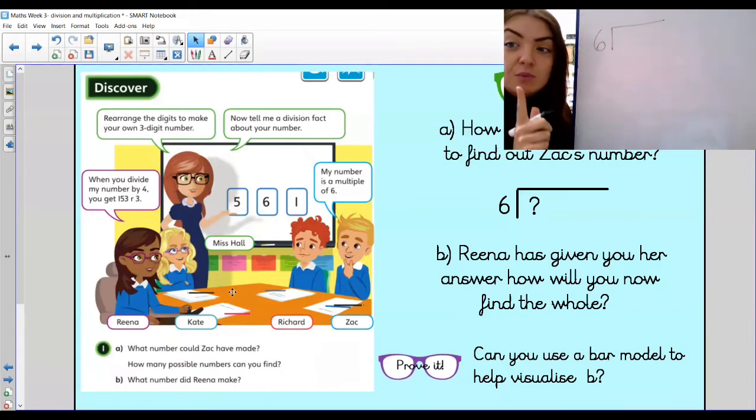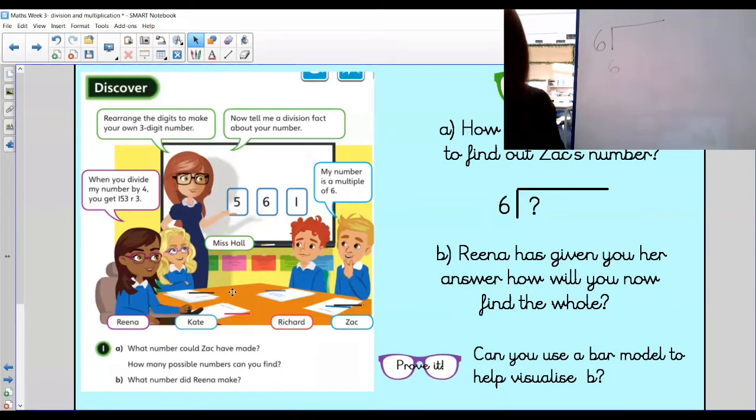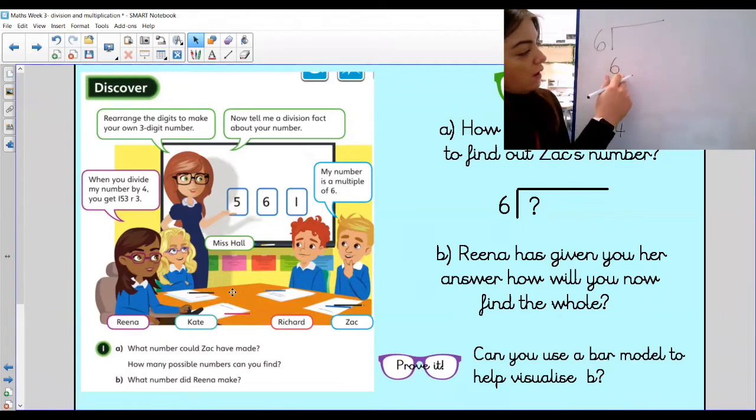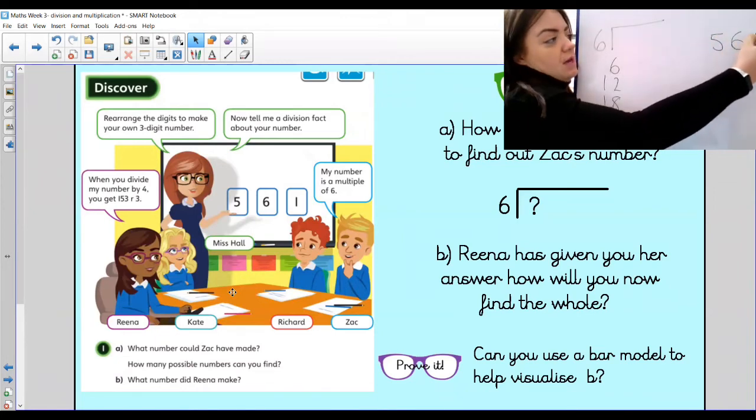Now we know it's a multiple of 6, so what I did first was write down my 6 times table: 6, 12, 18, 24. Let me write my numbers over here so I don't forget. I've got a 5, a 6, and a 1.